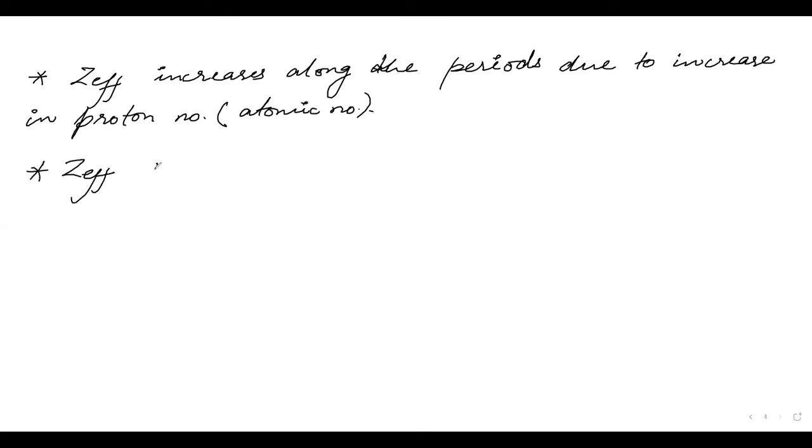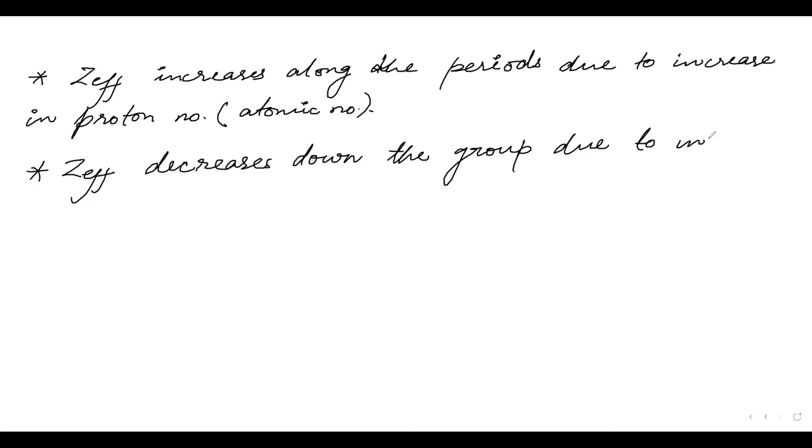Z effective decreases down the group due to increase in shells. Yes, N in bracket, PQN, that is shells. This is class 10th, correct?